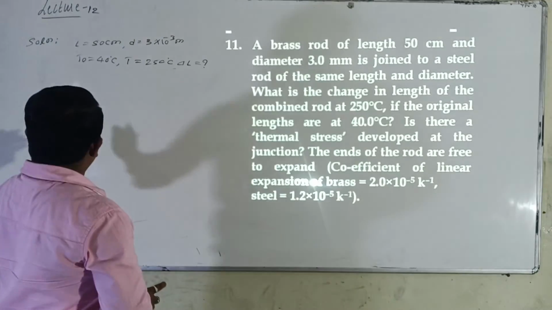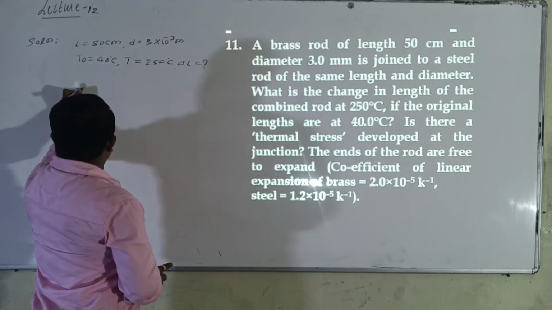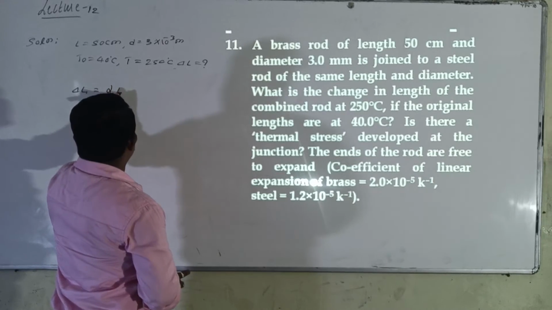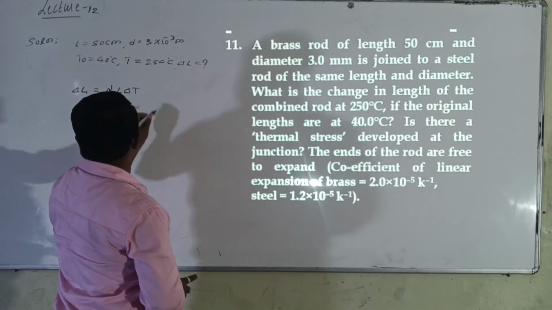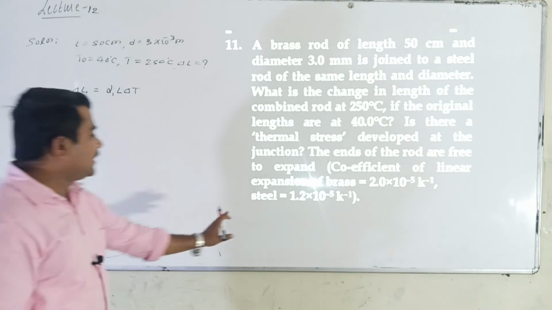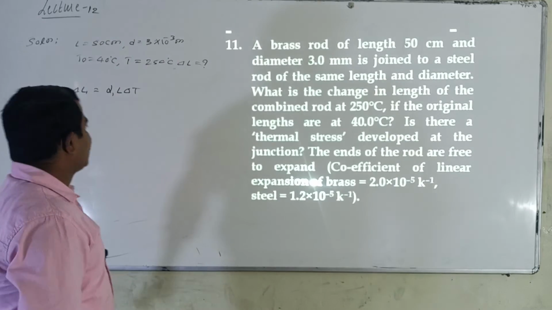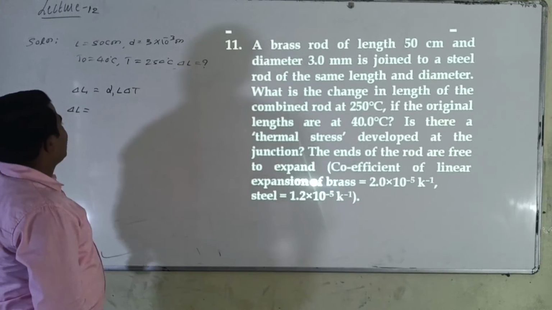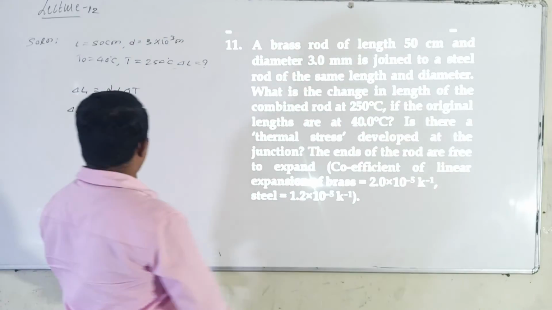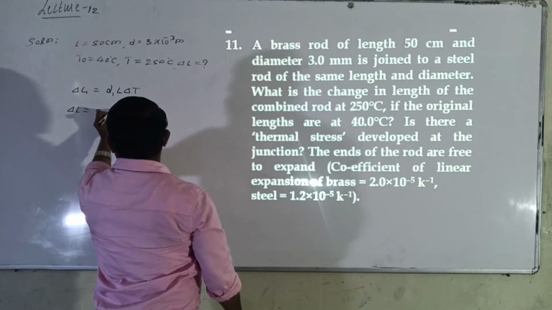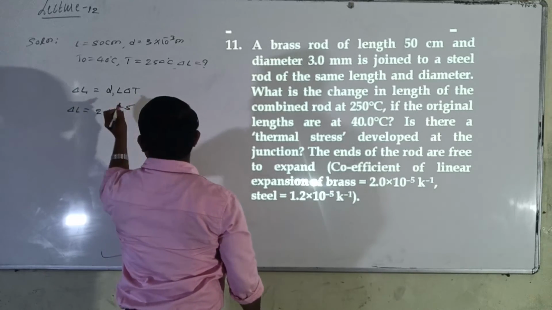We know that the change in length is directly proportional to the original length and the change in temperature. Alpha 1 represents the coefficient of expansion of brass, alpha 2 represents the coefficient of expansion of steel. Delta L1, alpha 1 is given: 2 into 10 raised to minus 5.